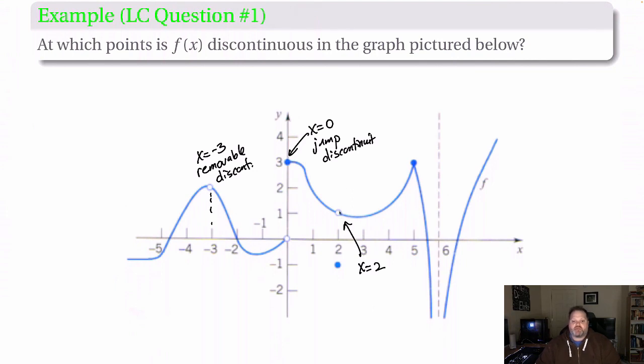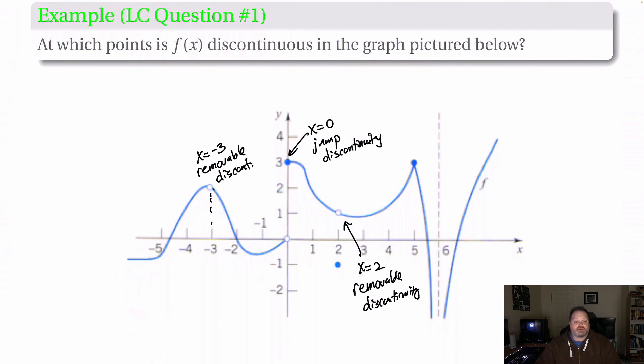If you look at what happens at x equal to 2 and how it's different than the jump, remember a jump happens when the limit from the left does not match the limit from the right. We get a jump. But here, the limit from the left and the limit from the right are both pointing toward this open circle. It's just the function value has been removed elsewhere. So this is actually a removable discontinuity, like the one at x equal to -3.